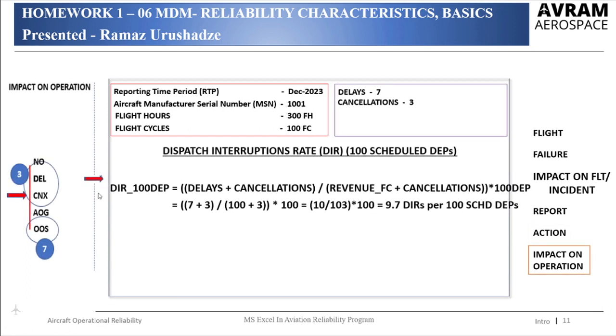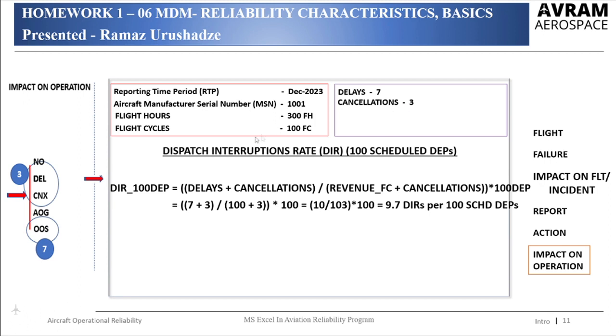Now let's move to the impact on operation. For impact on operation, I'm using here delays and cancellations, and we are going to calculate interruption rate or dispatch interruption rate on aircraft level. For this reason, I'm using delays as I mentioned and cancellations. Let's say in December 2023, it was reported 7 delays and 3 cancellations.